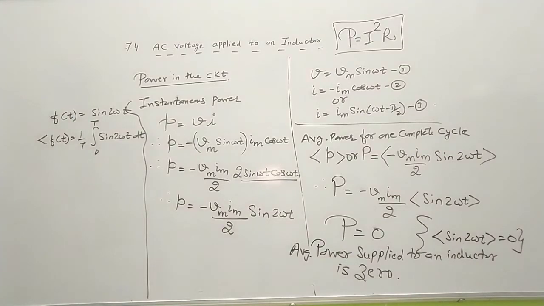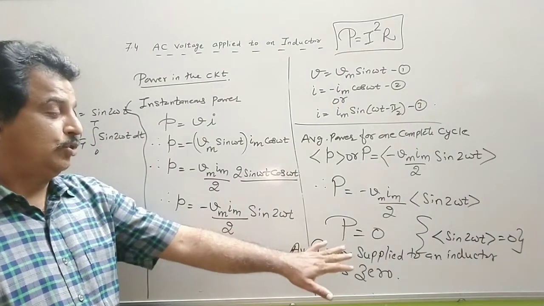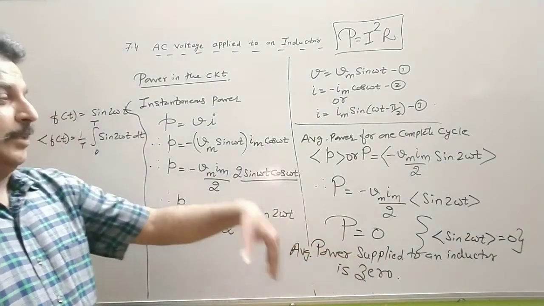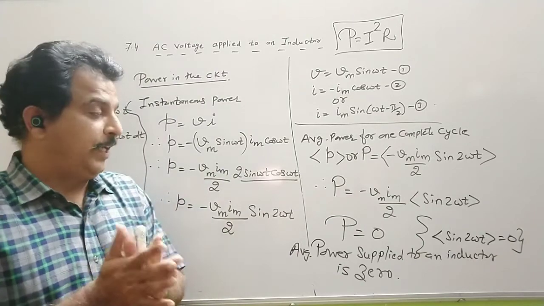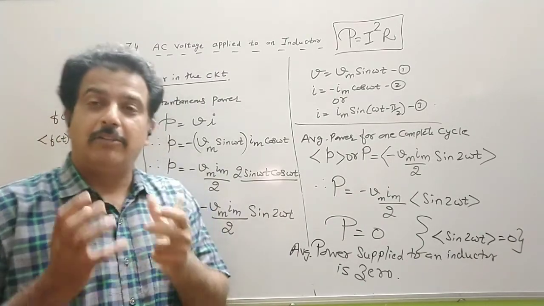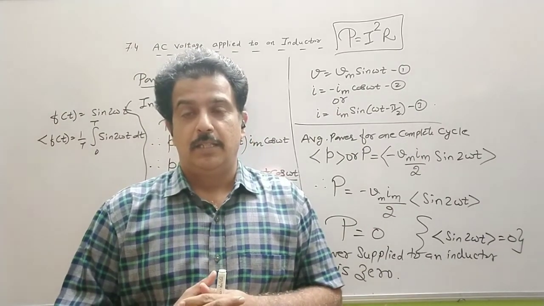This is mathematically the power came out to be 0, but it is not the case with the inductor. It is 0, and it does not mean that power is not consumed. It literally means that the inductor will be helpful to us to store the energy.